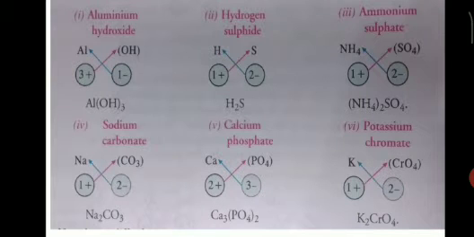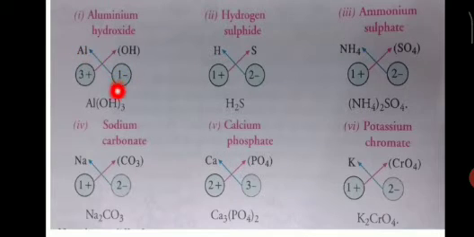Then the next one is aluminium hydroxide. Now you know hydroxide means OH. Aluminium, we already studied, the valency is 3. So for aluminium hydroxide, here itself you can draw the bracket, so there will not be any confusion. So aluminium 3 and hydroxide gets the valency 1.